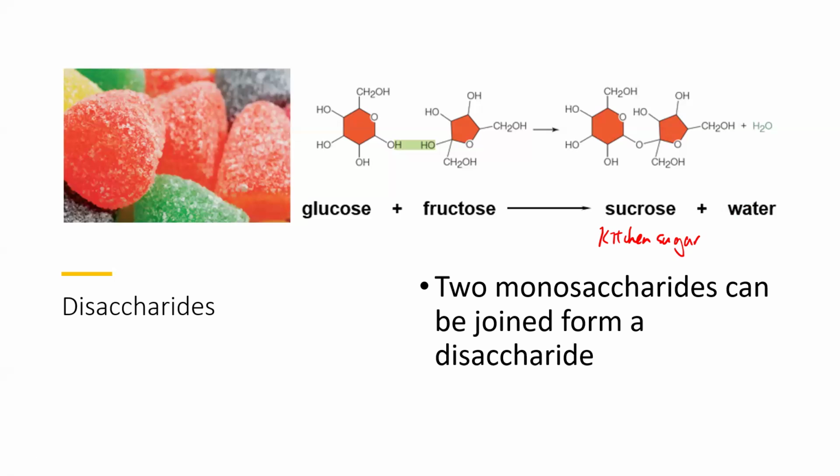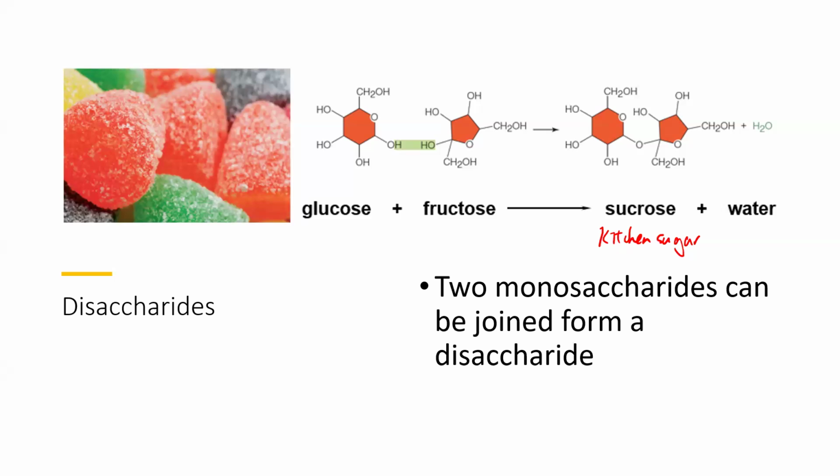So when you consume sugar, when you have candy or a spoon of sugar straight from the kitchen container, the sucrose goes into your body and your body will break it down back into glucose and fructose by adding water. Hydrolysis, remember?